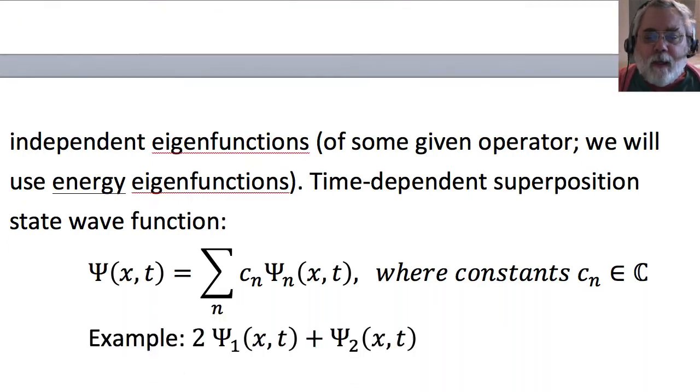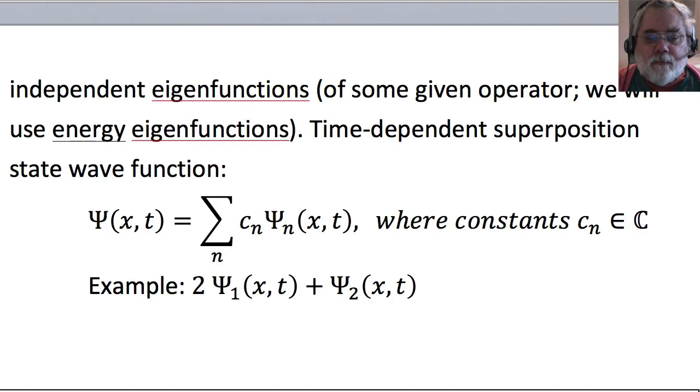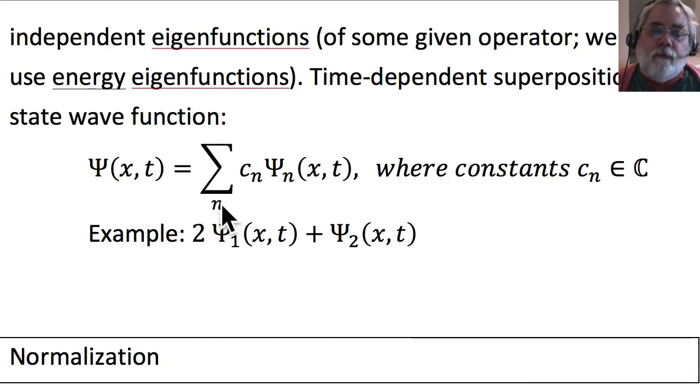The time-dependent superposition state wave function will be the sum across all eigenfunctions of the eigenfunction times a constant for that eigenfunction, and that constant can be and generally will be a complex number.